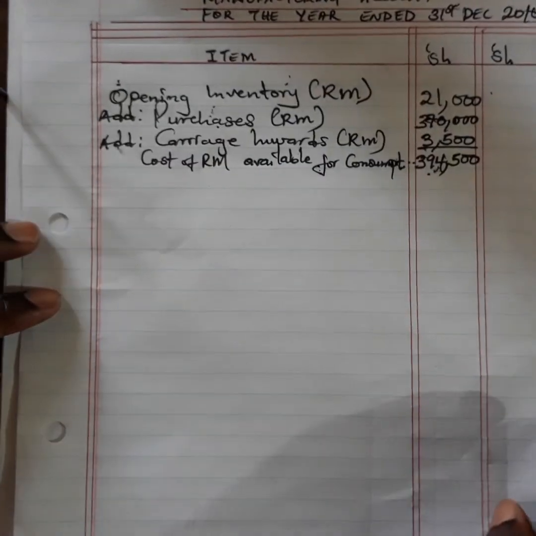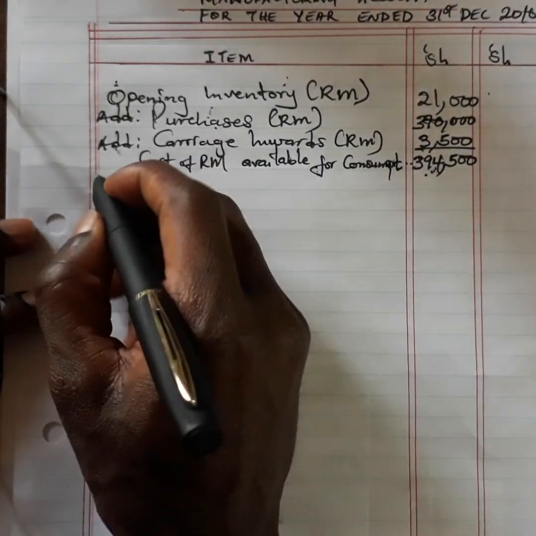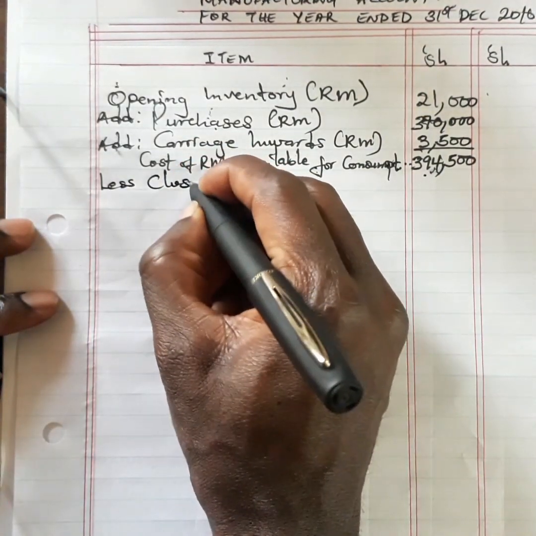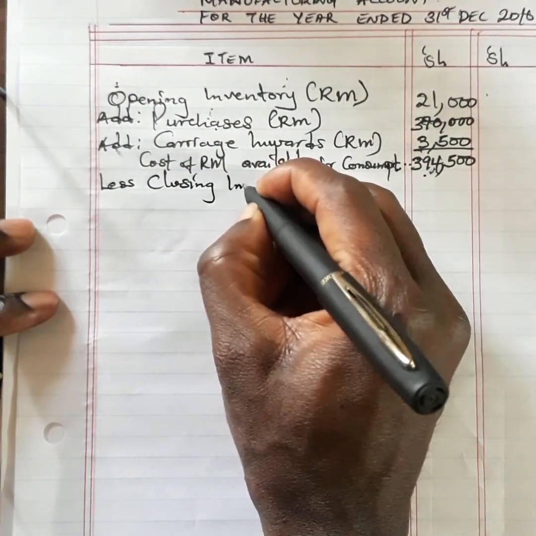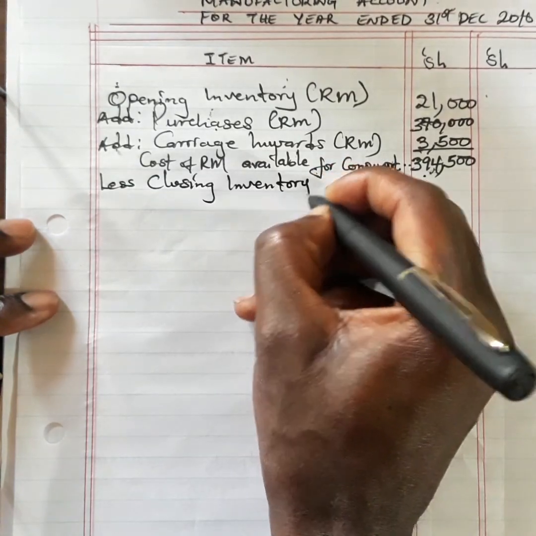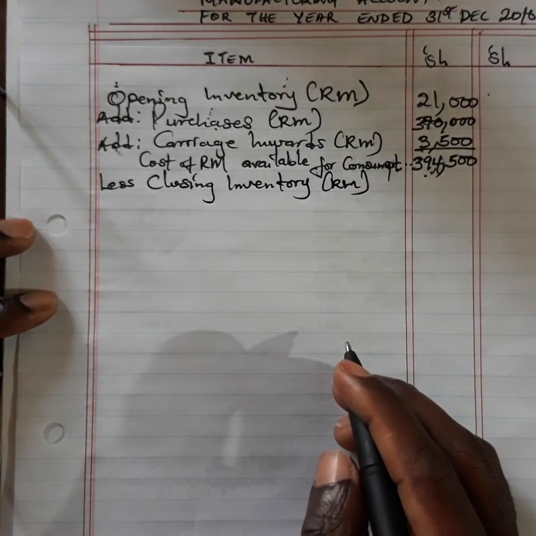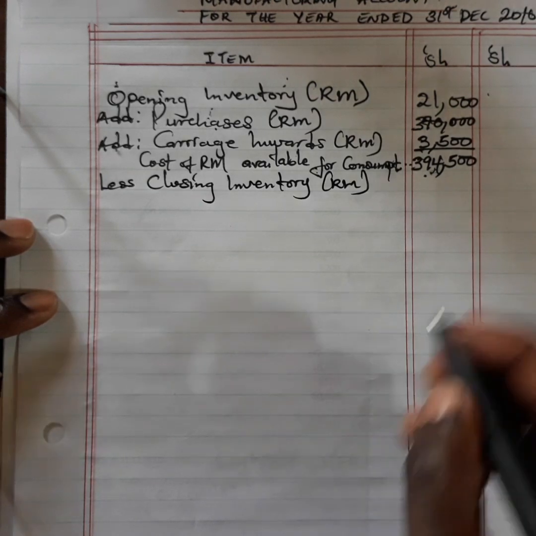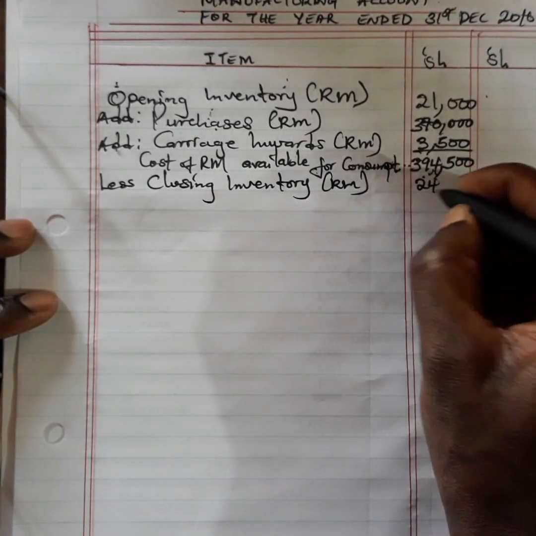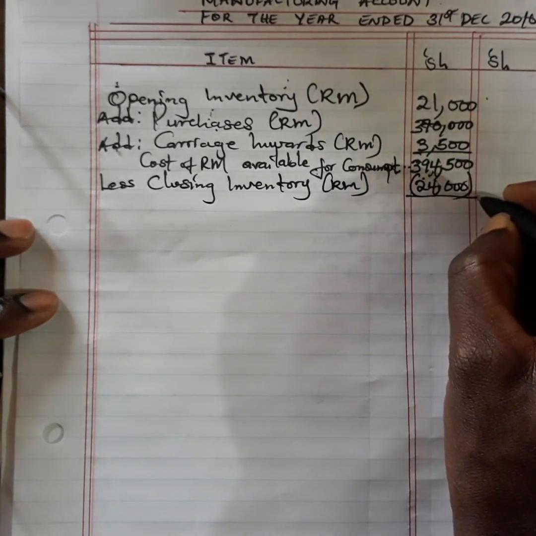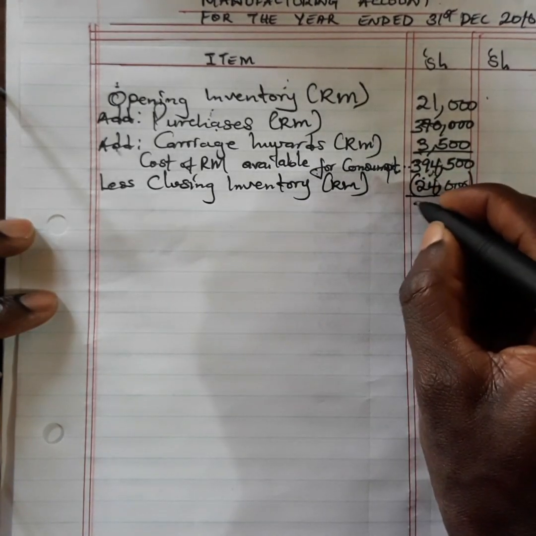So we are supposed to less the closing inventory of raw materials, what remains at the end of the date.